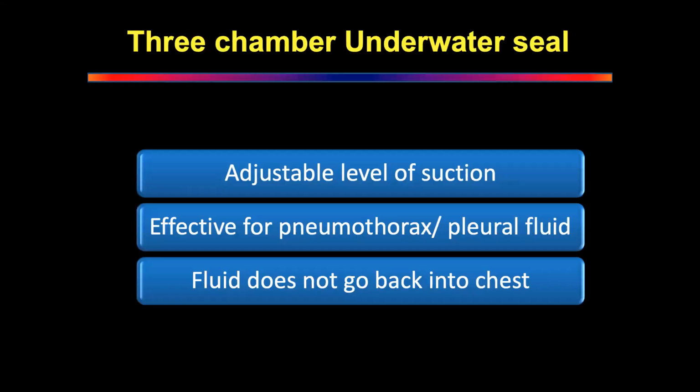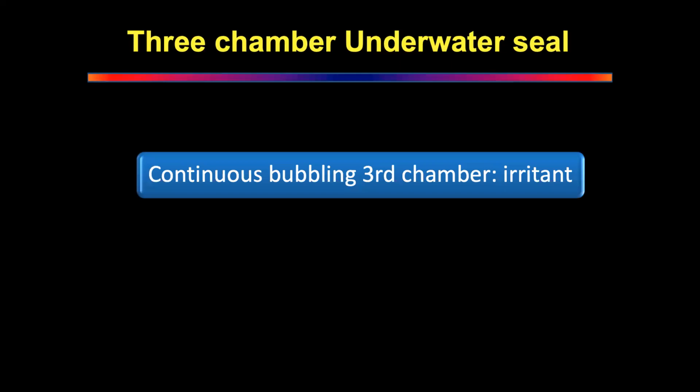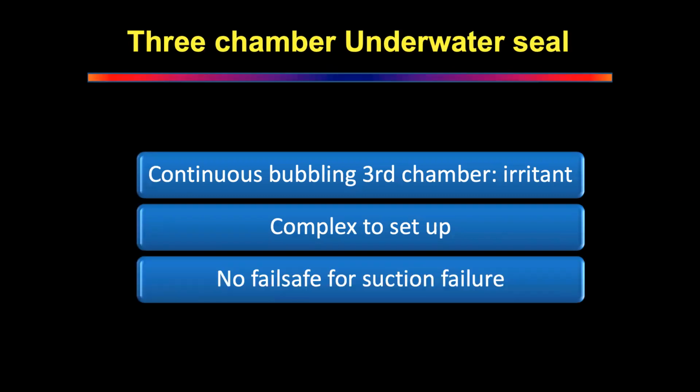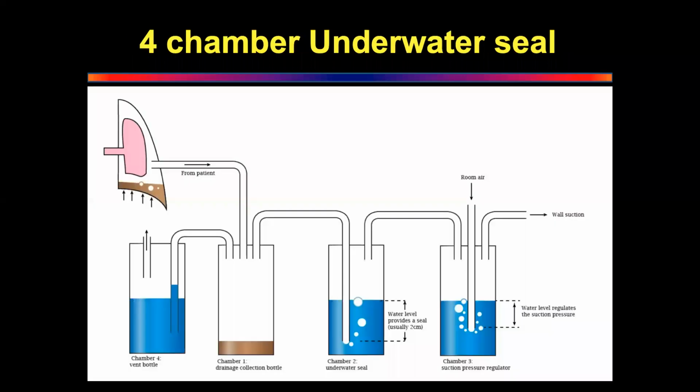Okay. So the problem here is that the continuous bubbling from the 3rd chamber is irritant. It really irritates the patient, and it's very complex to set up. And there is no fail-safe method for suction failure. What do you do if the suction is completely clamped? It's a real problem. So they have come up with a 4th chamber where you have one extra thing in the 1st bottle.